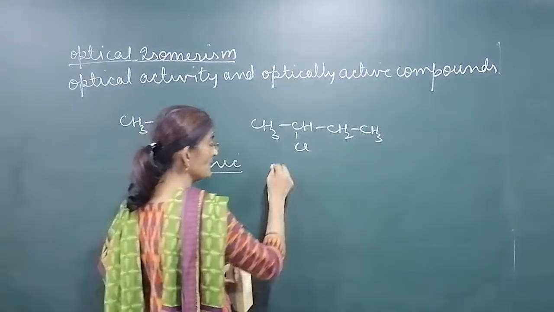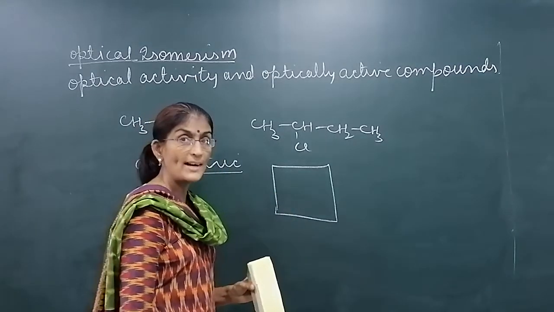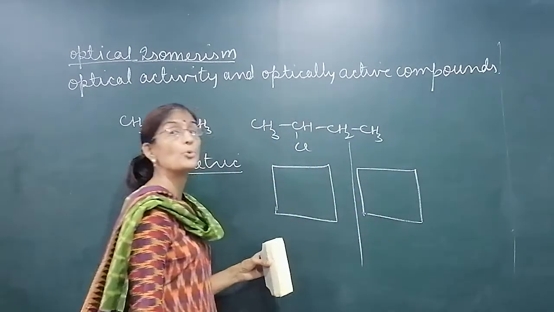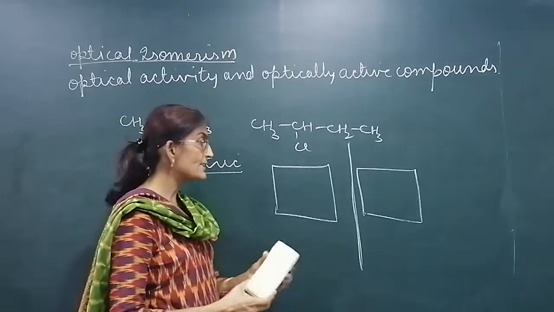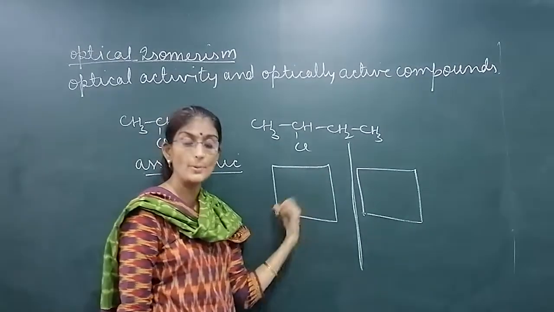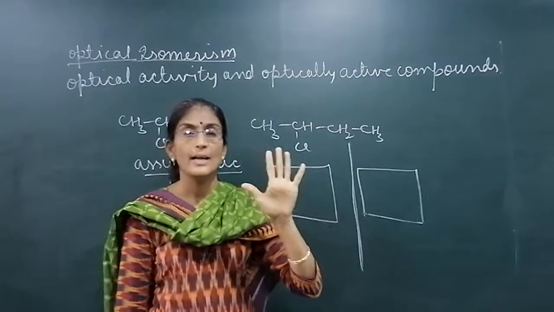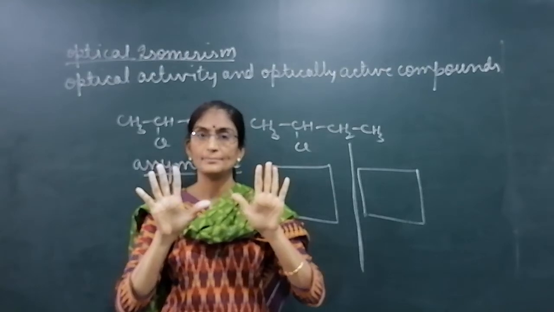Suppose we draw a simple square, we can say that it is symmetric. Why is it symmetric? Because its mirror image is superimposed on it. Suppose we keep a mirror here, then this square will superimpose on it. What do you mean by superimposability? Suppose this is my left hand. If I keep a mirror over here, its mirror image will be my right hand.